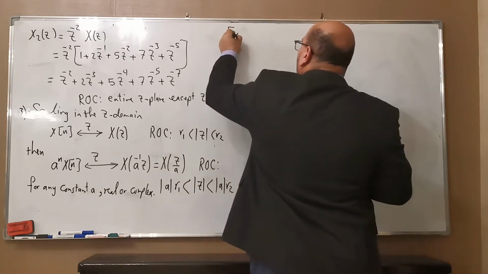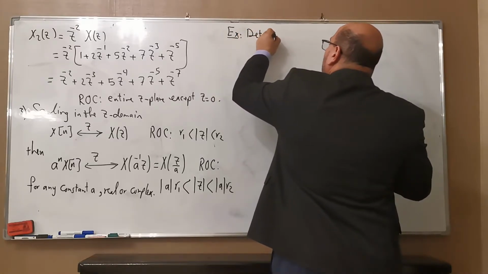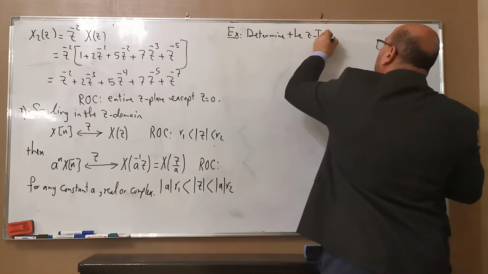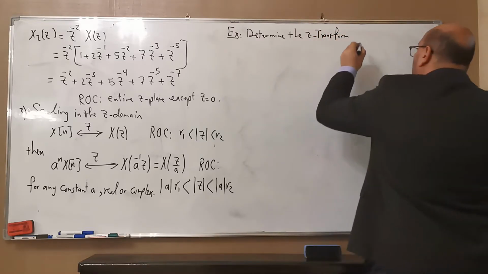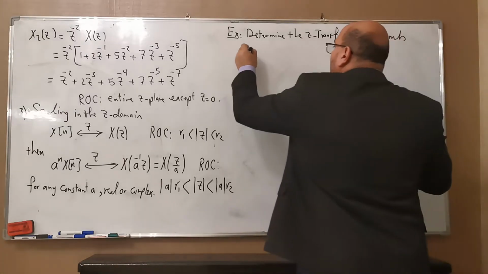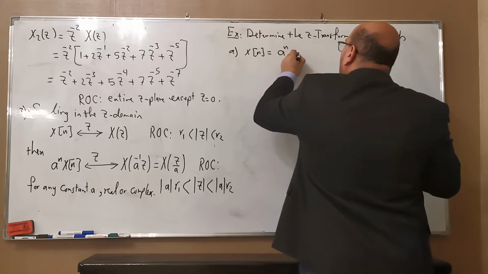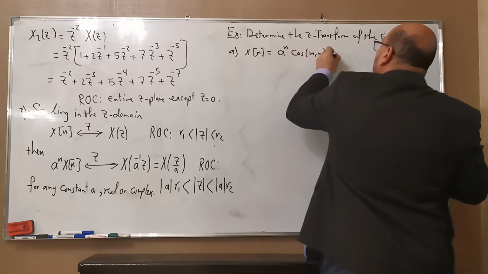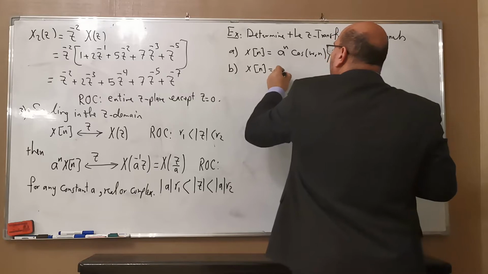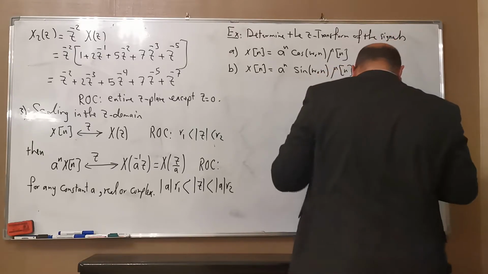So the example here: determine the Z transform of the signals (A) x of n equals A to the n cosine omega 0 n mu of n, and (B) x of n is equal to A to the n sine omega 0 n mu of n.